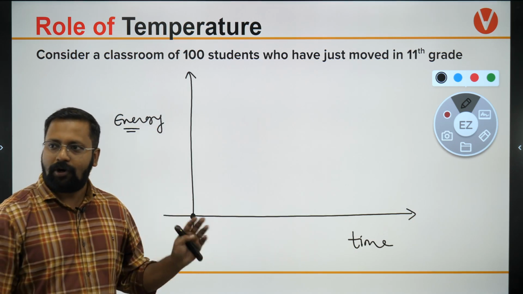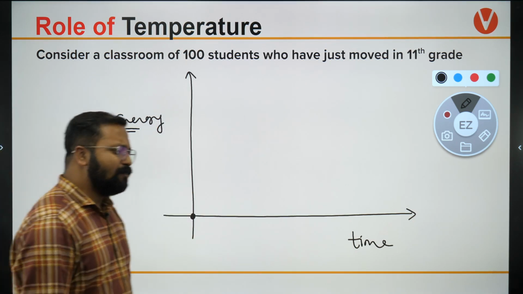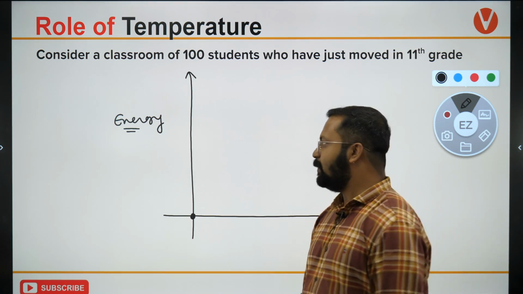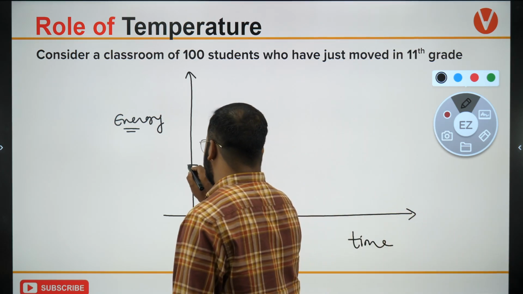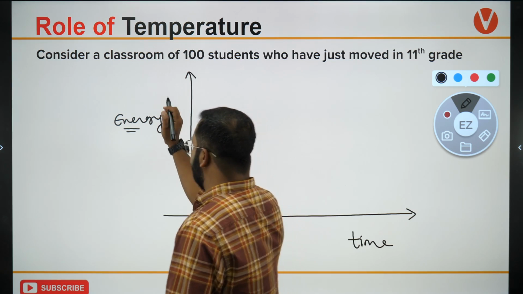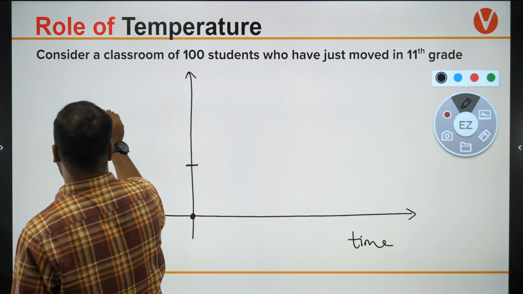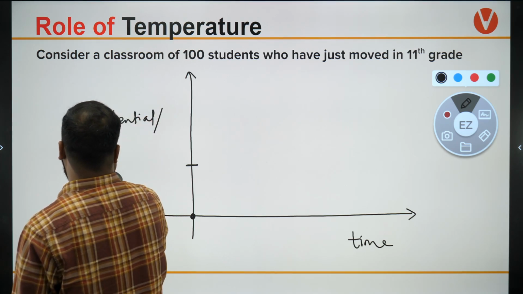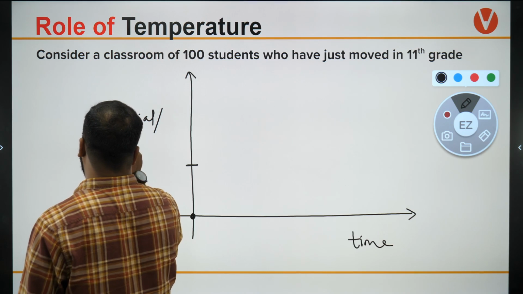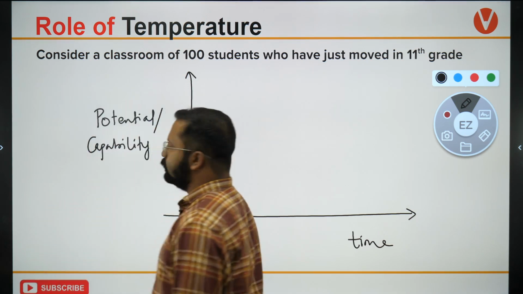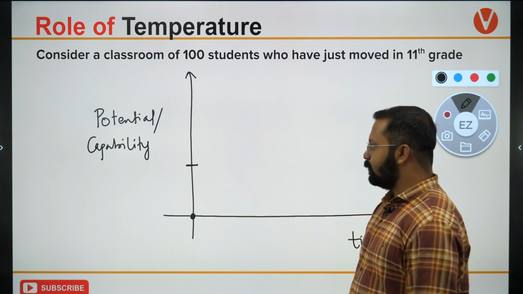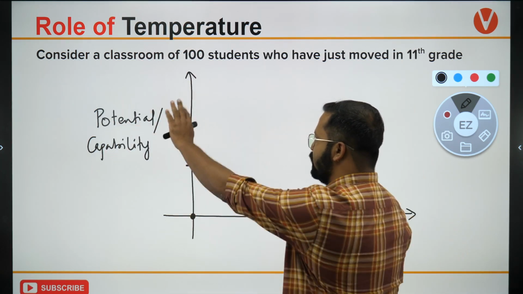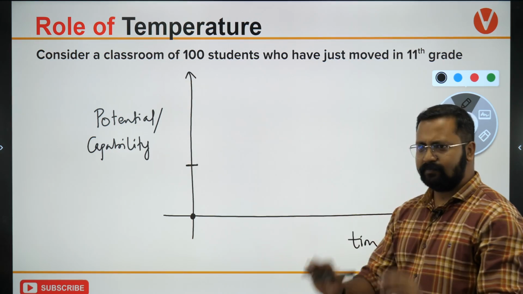This is a plot of energy versus time that I'm plotting for these 100 students who are present in the class. Obviously, there is some student who has, इसको मैं potential बोल देता हूँ, potential, or I can say capability. Potential or capability. So this is a plot of potential or capability versus time.